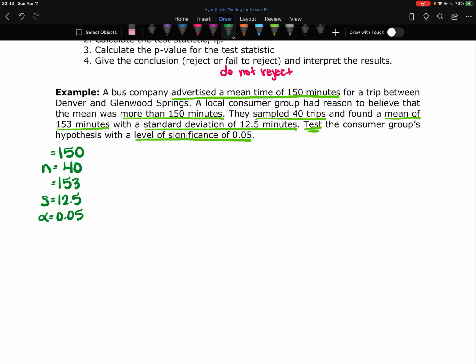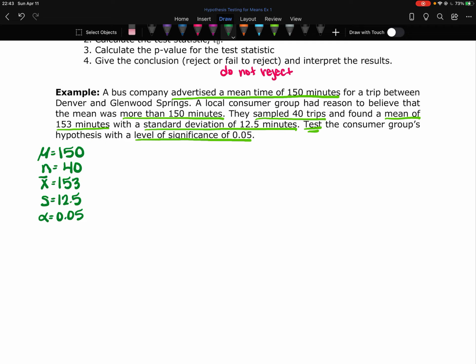I have the 150-minute mean that's being advertised and the 153-minute mean that was found from the 40 trips that were sampled. So the 153-minute mean came from the 40 sampled trips. So sampled, that's going to be the sample mean, which is X bar, which leaves 150 to be mu.